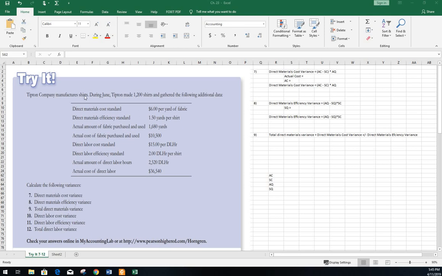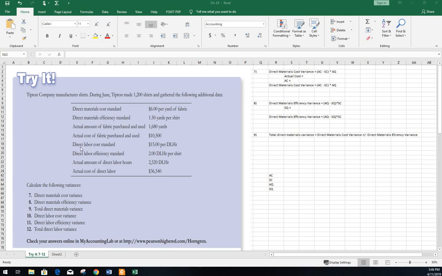Tipton Company manufactures shirts. During June, Tipton made 1,200 shirts and gathered the following additional data, and here you can see the data. If you look closely at the data, the first four lines talk about direct material cost standard, direct materials efficiency standard, actual amount of fabric purchased, actual cost of fabric purchased. So all of these four are talking about materials, fabric.